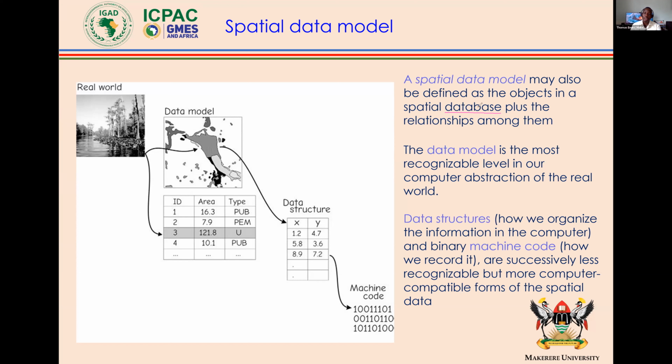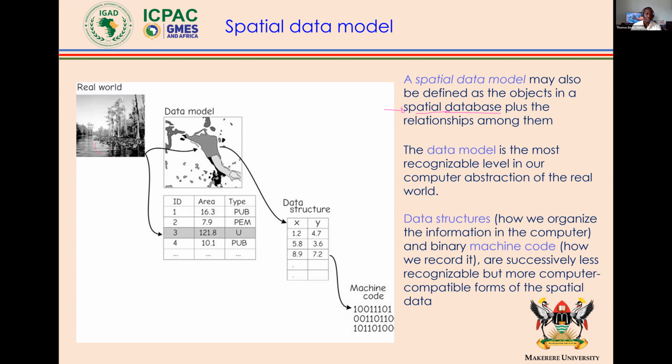So why does it become a spatial database? It becomes a spatial database because it is not storing money, but this time it is storing an object that has location information. So for example, the roads have location information. The building has location information.